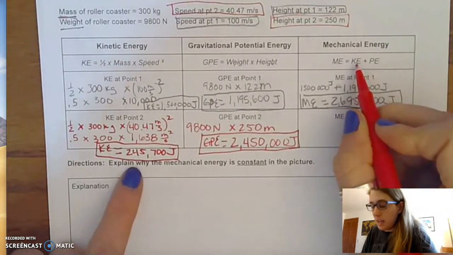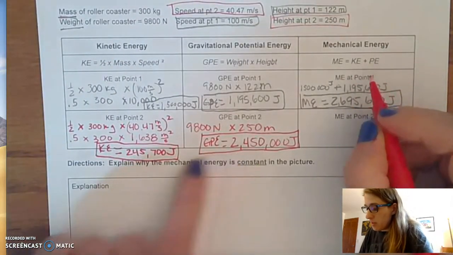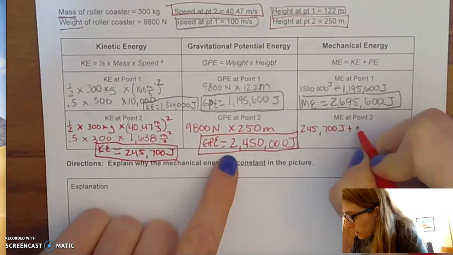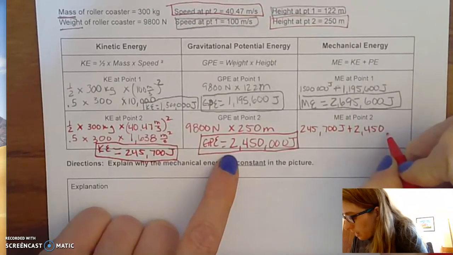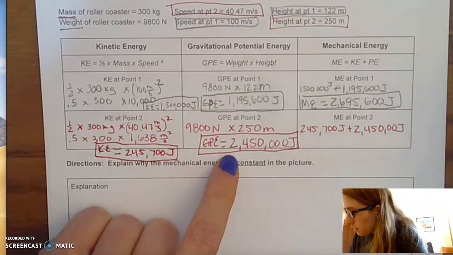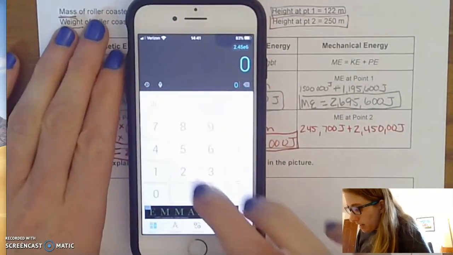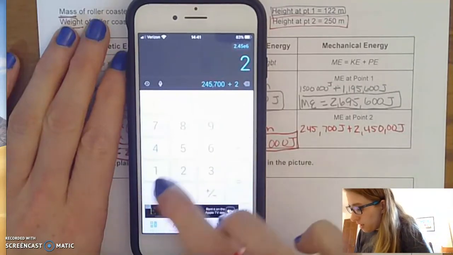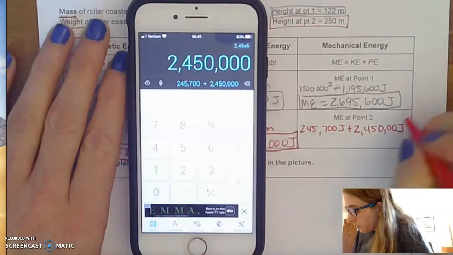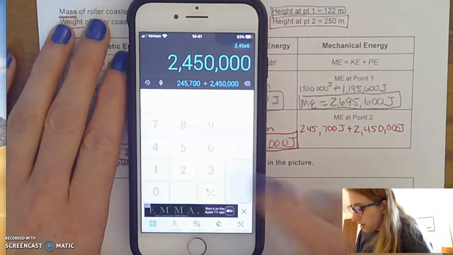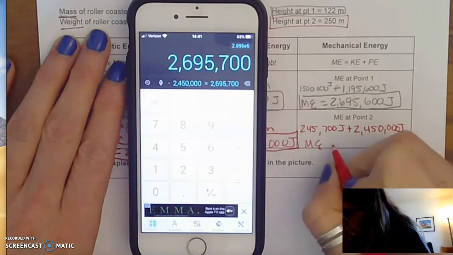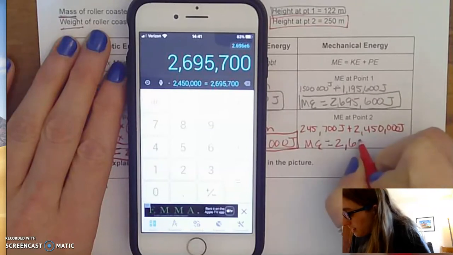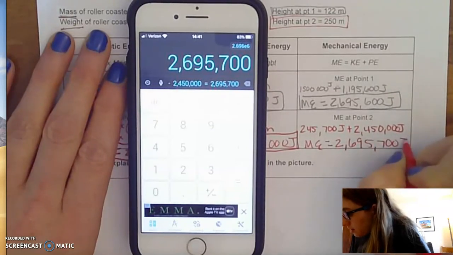Okay? Then I have mechanical energy at point 2. So I add my kinetic from point 2 to my potential from point 2. So I take my 245,700 joules and I add it to my 2,450,000 joules. And if I do that, 245,700 joules plus 2,450,000 equals my mechanical energy of 2,695,700 joules.